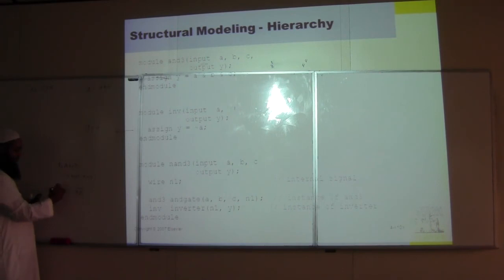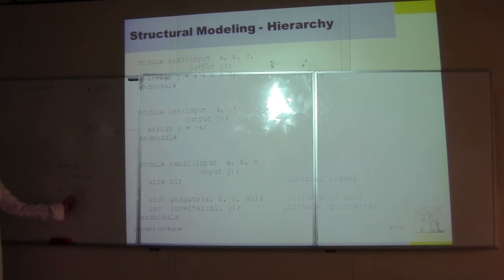This is NAND. If you take a NOT of the AND, this will give you a NAND. So if you want to do it using this module and this module, what will you do? Say I have 3 inputs A, B, C and I want to do a three input NAND.